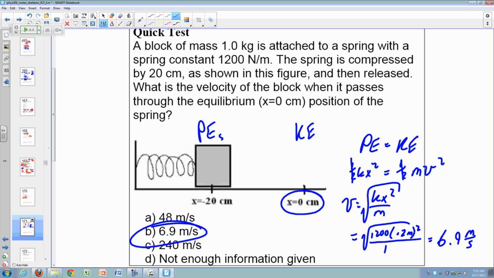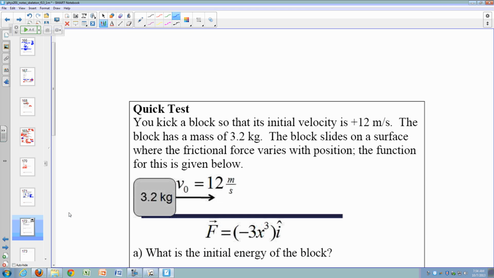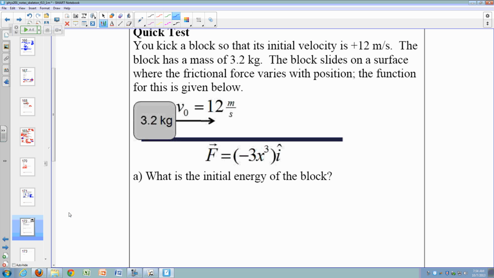Let's do a more complicated problem where we actually have some dissipative forces involved. All right, so here you're going to kick a block, so its initial velocity is 12 meters per second, and the block has a mass of 3.2 kilograms. The block slides on a surface where the frictional force varies with position, and that function is given here.